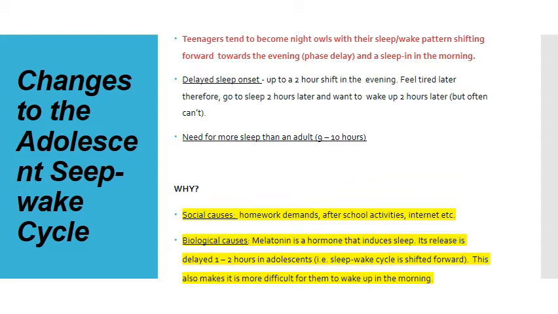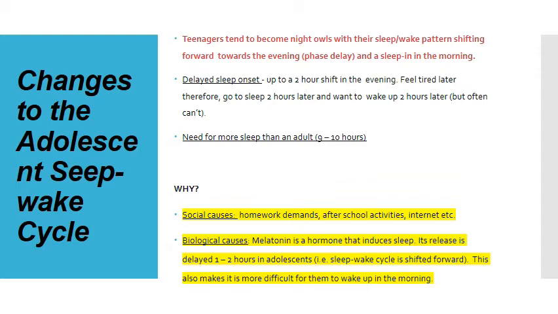The reason that occurs is because of the delayed sleep onset, so there's up to a 2-hour shift in the evening. So you feel tired later, therefore you go to sleep 2 hours later and you want to wake up 2 hours later, but you often can't because you have to go to school. Adolescents also need more sleep than adults, so rather than having about 8 hours as an adult, adolescents actually need about 9 to 10 hours.